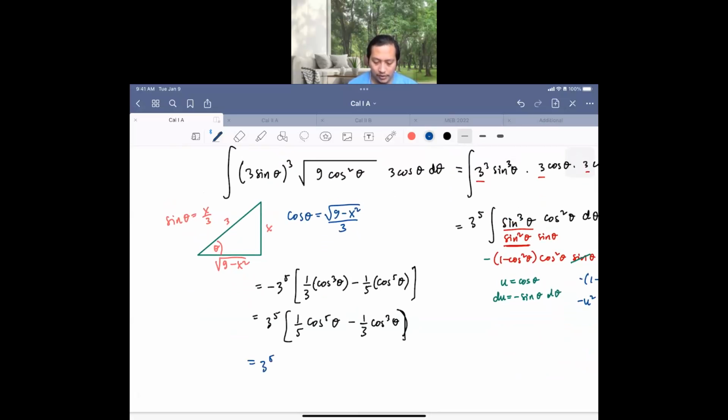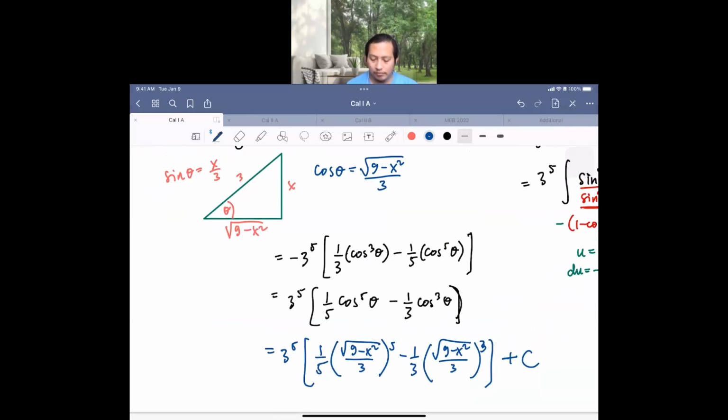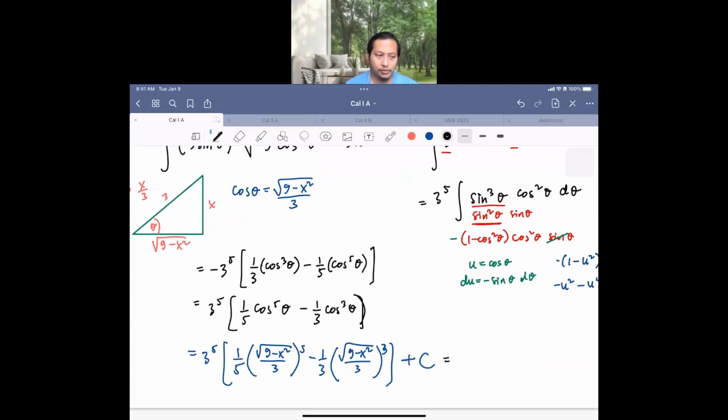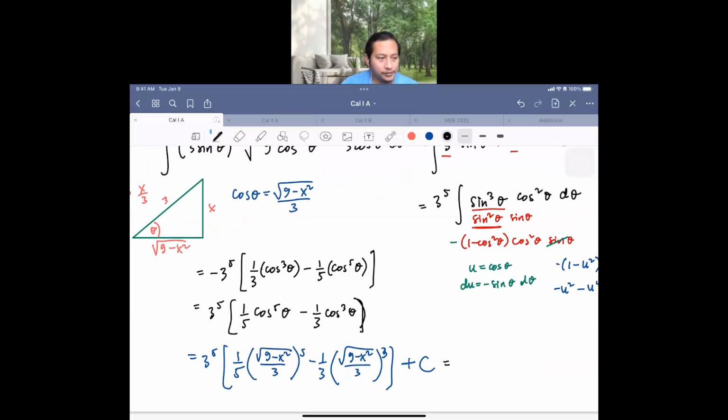So we could exchange all the cosines with these expressions. It seems really complicated, but it's okay. Still plus c. If you want to cancel this 3 to the 5 with this, I think we still can do that. So we could simplify it.